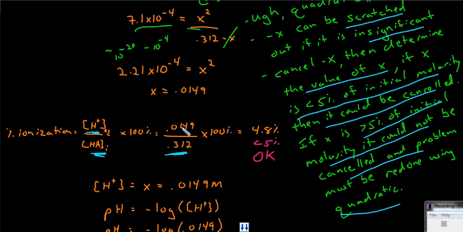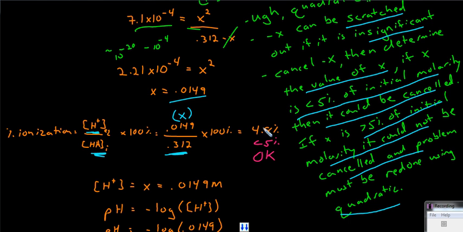So plug in our value for x, which was 0.0149, over the initial concentration of our acid, 0.312, multiplied by 100%. That's 4.8%. If your percent ionization is less than 5%, then you can move on to the rest of the problem. It was okay to cancel out x.